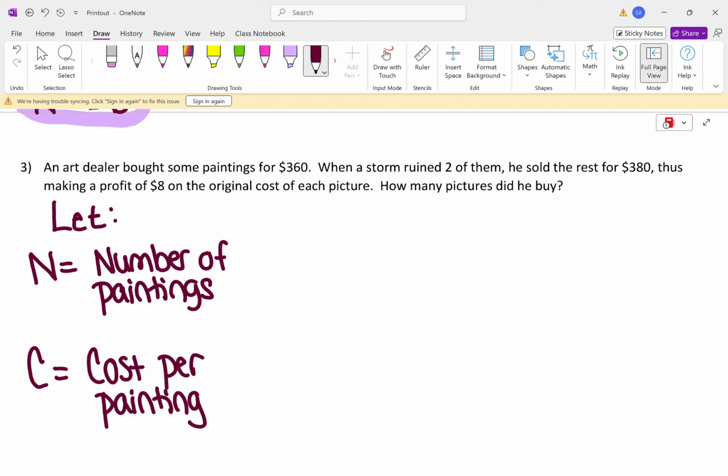I just know the number of paintings times the cost per painting equals 360. So that's our first equation: n times C equals $360. If we were to graph that, it would be a hyperbola.